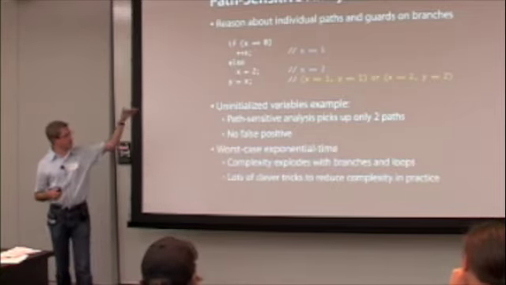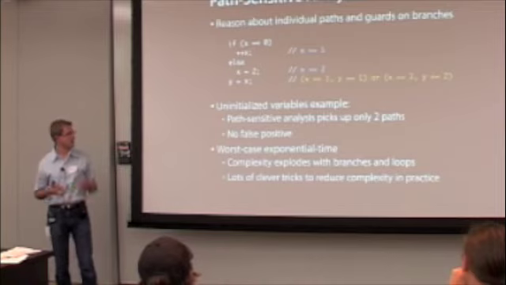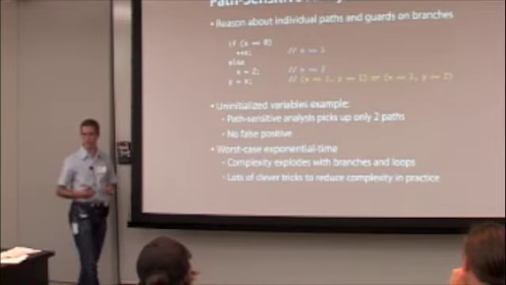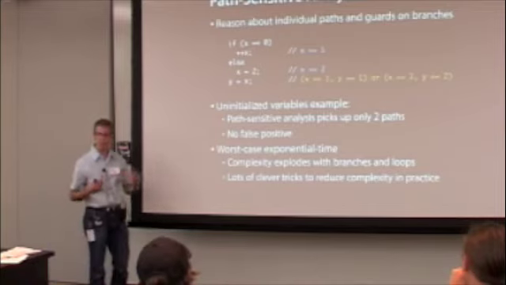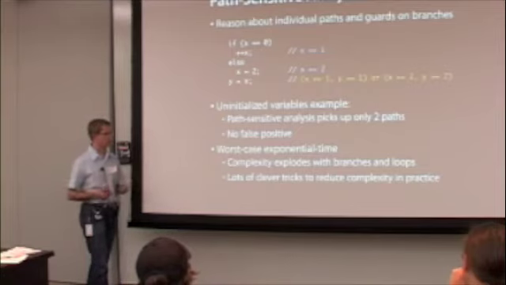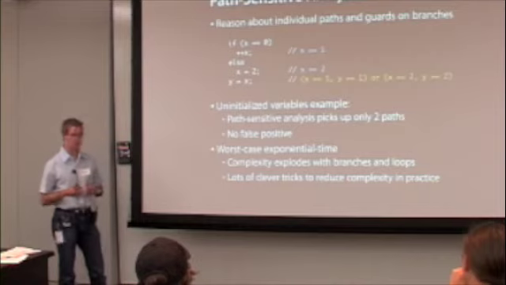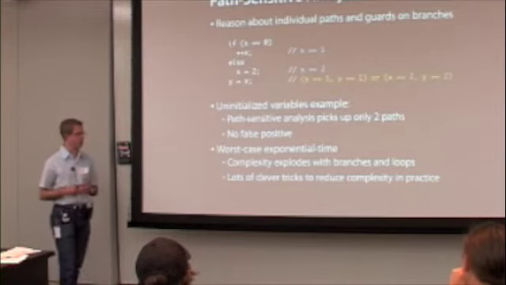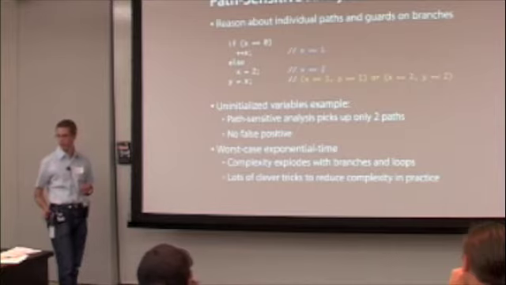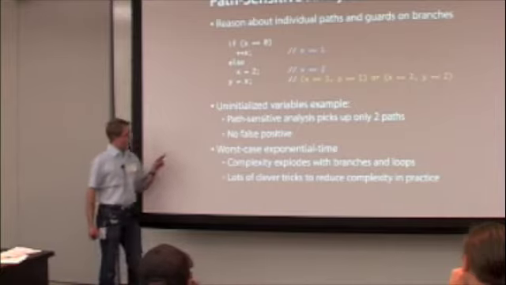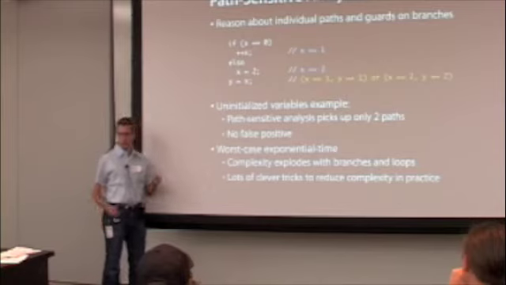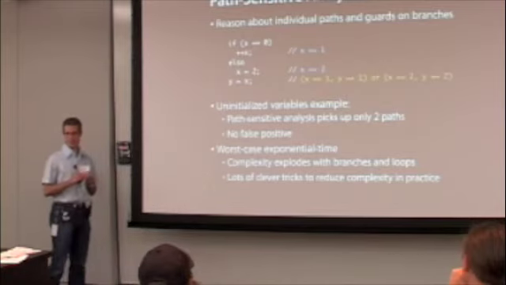The problem is that once you start tracking all these individual paths, you get essentially this big blow up. And when you start executing loops and so forth, the problem gets even more unwieldy. But we've got lots of clever ways to merge paths and so forth to make this tractable in practice. However, in the space of bug finding, there are two things we're willing to give up.